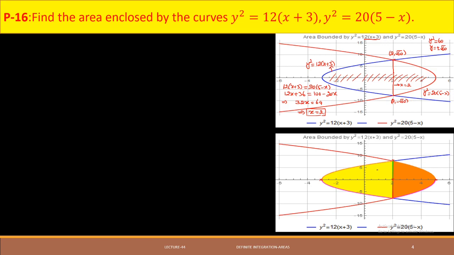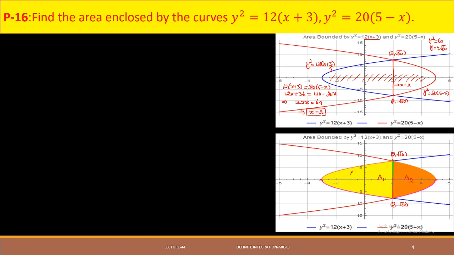Now we have got this point also. Let me write that here also, 2 comma root 60 and 2 comma minus root 60. Further, the entire area is divided into two parts, namely a1 and a2.